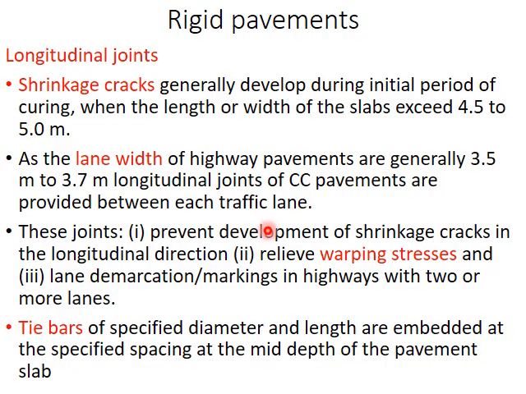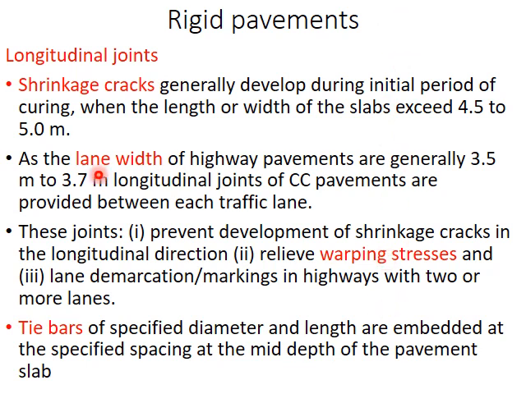First, let's see about the longitudinal joints in rigid pavements. Longitudinal joints are provided so that shrinkage cracks can be prevented. Usually longitudinal joints are spaced according to the lane width, that is, for every 3.5 meter width there will be a longitudinal joint provided along the length of the concrete pavement.